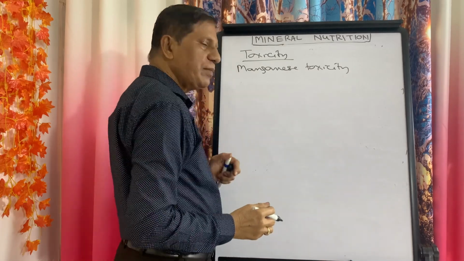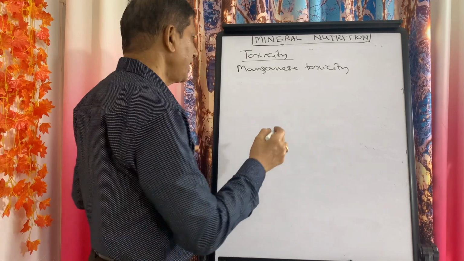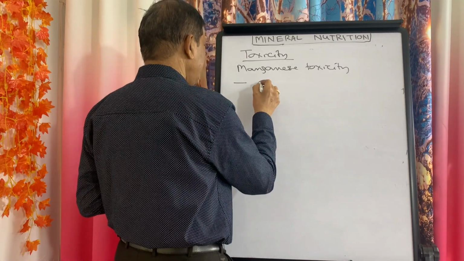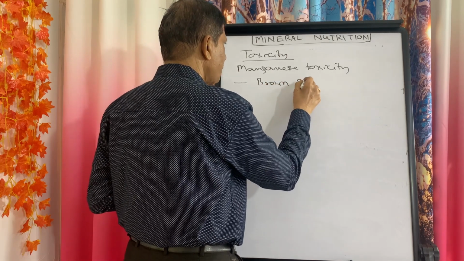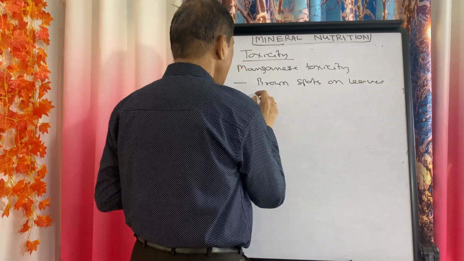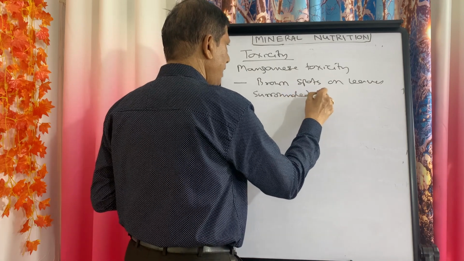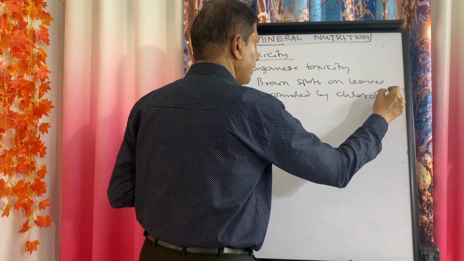When manganese, a microelement, becomes excess, what is the usual symptom? The symptoms are usually brown spots on the leaves surrounded by chlorotic veins.